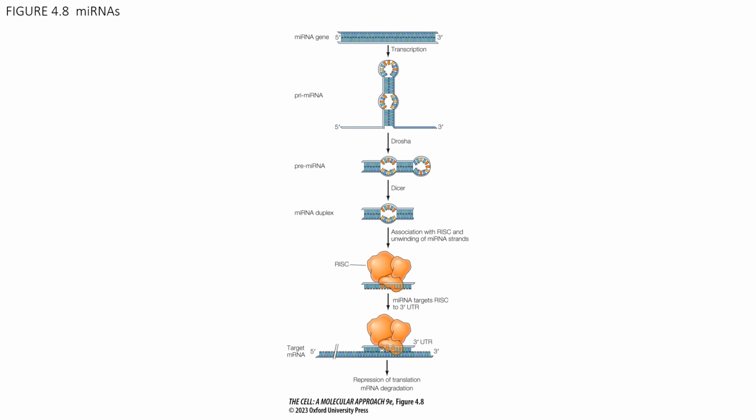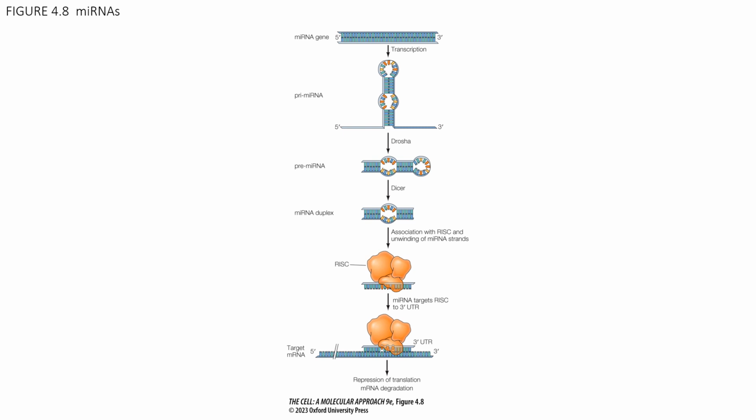Once these are transcribed, they will form a hairpin configuration, and they will be cleaved by two different nucleases, Drosha and Dicer, and it's going to fold itself into a particular type of mRNA target known as the RISC, or the RNA-induced silencing complex. So very simply, the job for these particular microRNAs is to help inhibit translation and stimulate different types of degradation of mRNA.